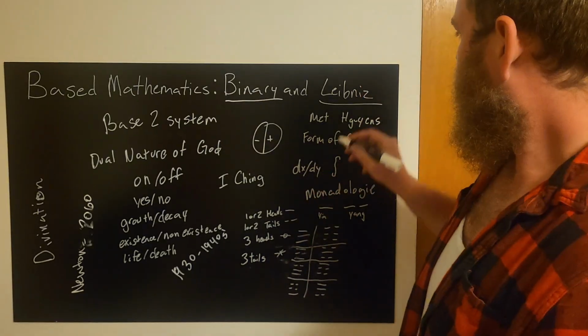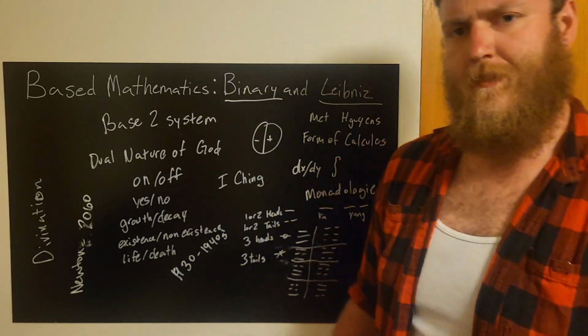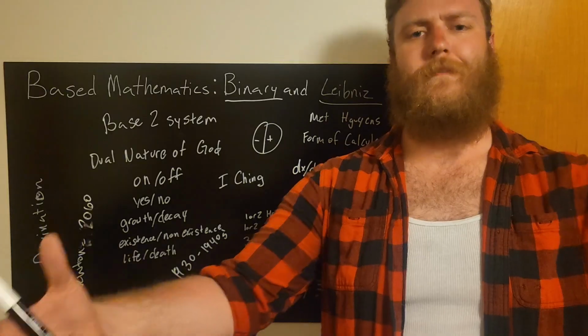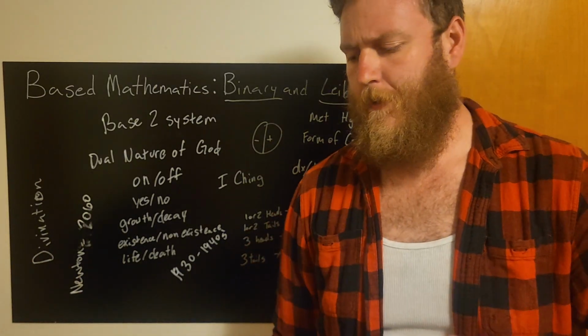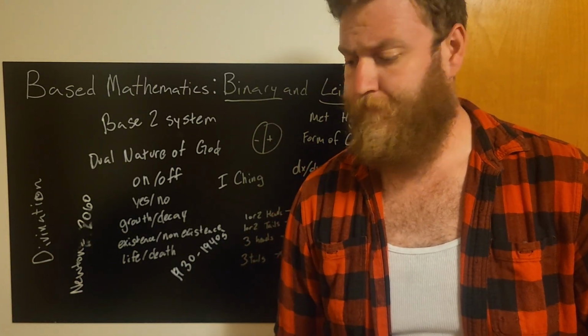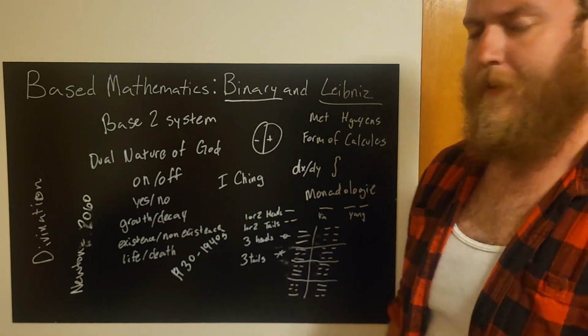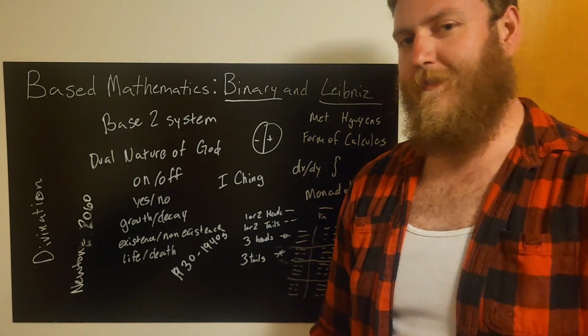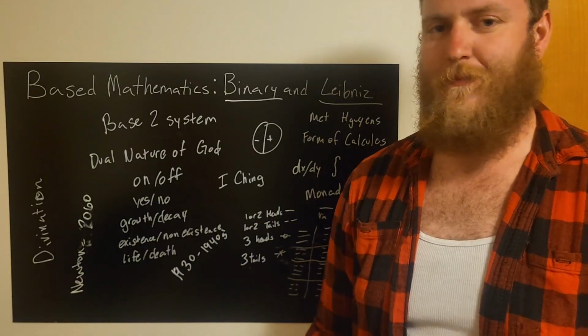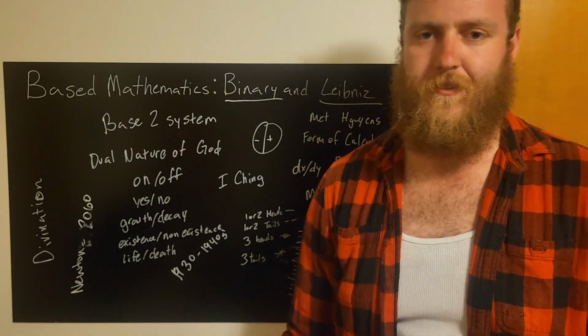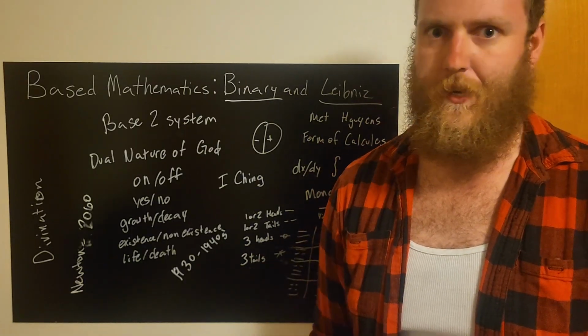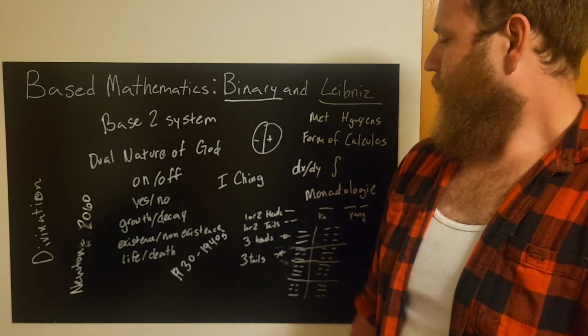And Leibniz creating binary was just his example of revealing some of those hidden natures of the world. I think that's about where I wanted to go. I think I gave a good how to count in binary. It's pretty simple. You just have to know the exponential powers of 2 and then add up the positional notation.